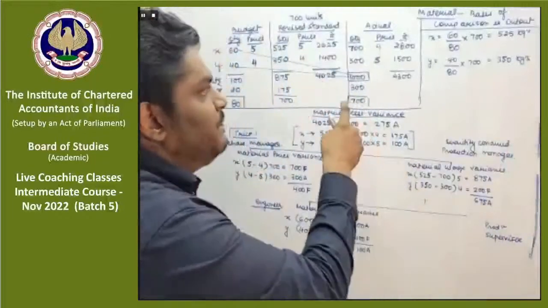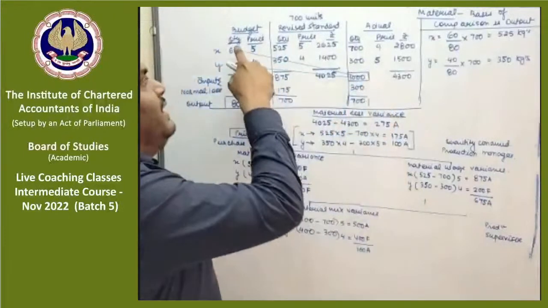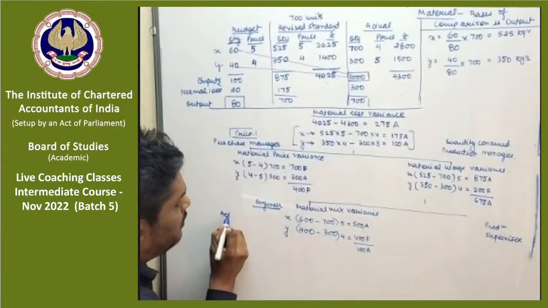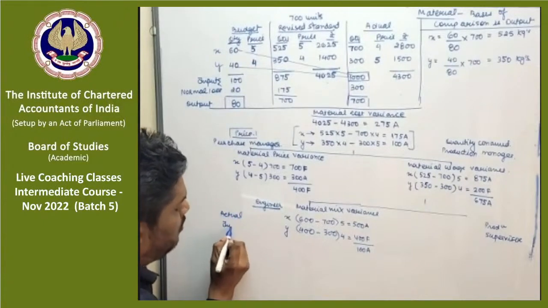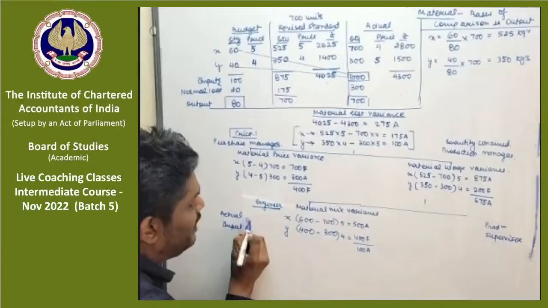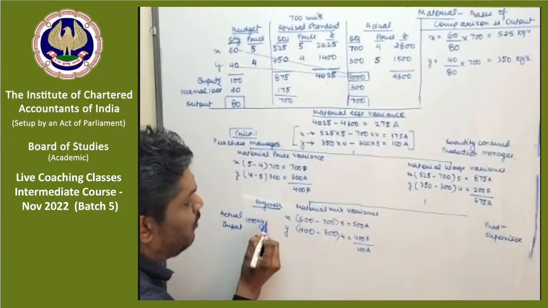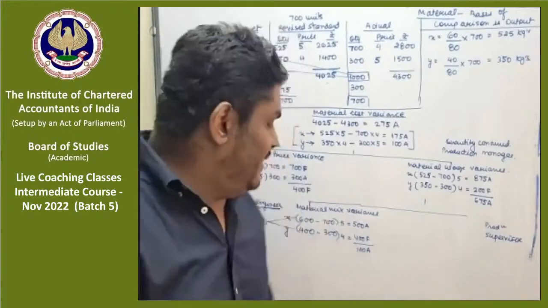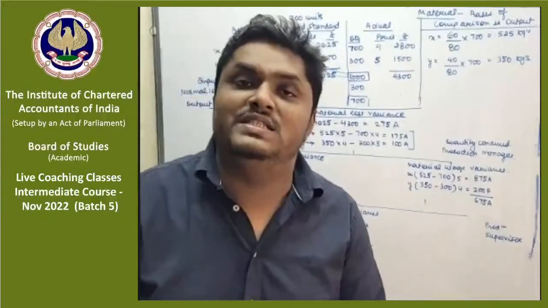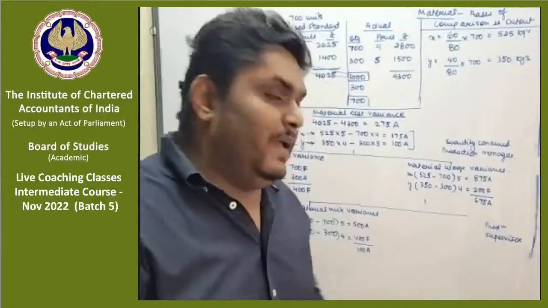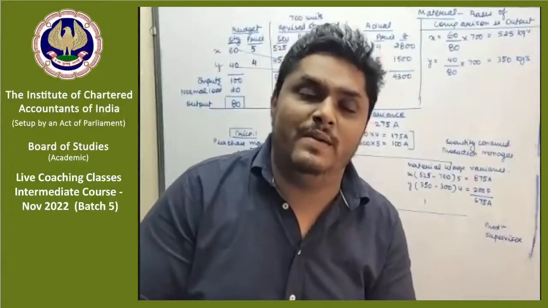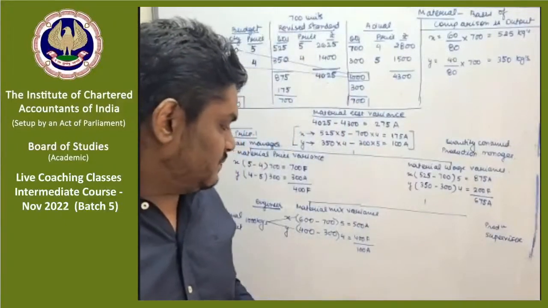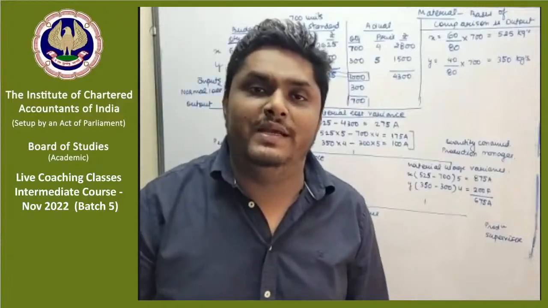Very simple, the 1000 input should be in the ratio of 60:40. But when talking about the actual mix, it was 70:30, that is 700:300. So we will be able to evaluate the work done by the engineer with the help of material mix variance. So this is how I have calculated material mix variance.